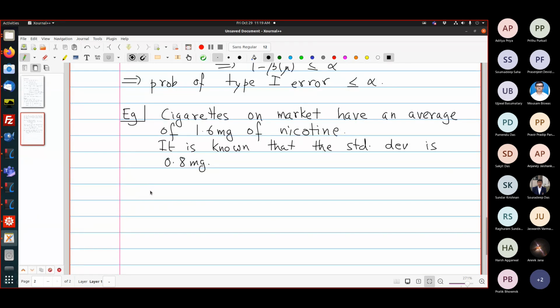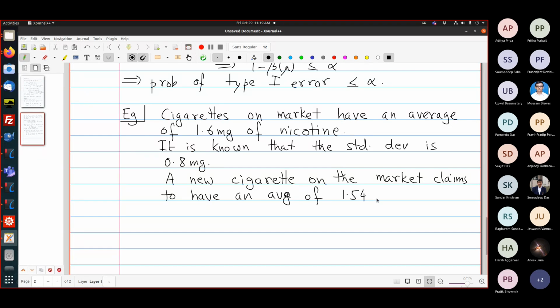Now, a new cigarette is launched. A new cigarette on the market claims to have an average of 1.54 milligrams.